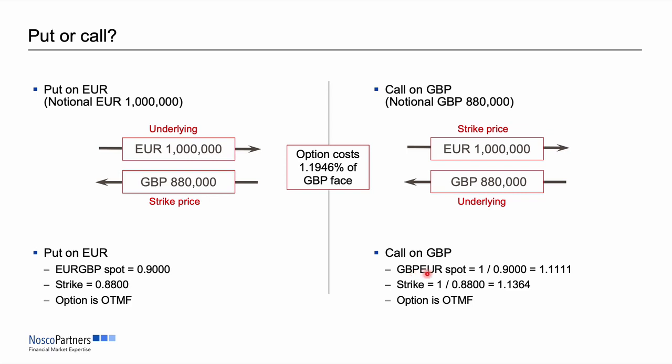That's not how it's usually quoted, but you could quote it like that, which is at the moment 1.1111. The strike price would be 1.1364. This option is now a call on the currency pair. The option is out of the money.